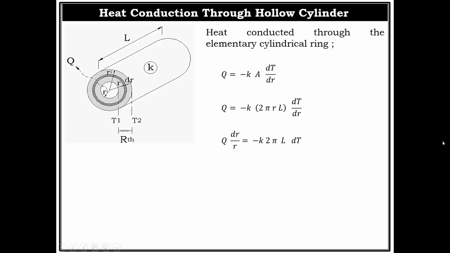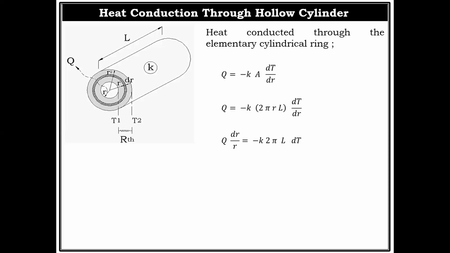Now we shift r and this dr to the left-hand side. So it becomes Q dr upon r is equal to, on the right-hand side, minus K 2 pi L dT. Now this is the equation we get for our elementary ring.